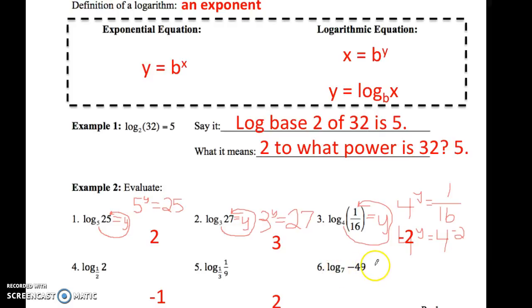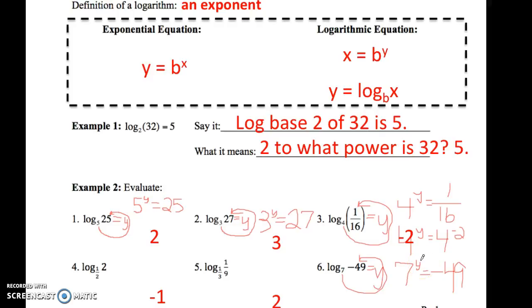Number 6, log base 7 of negative 49. Let's set that equal to y and try our log loop. 7 to the y power equals negative 49. And what could y be?